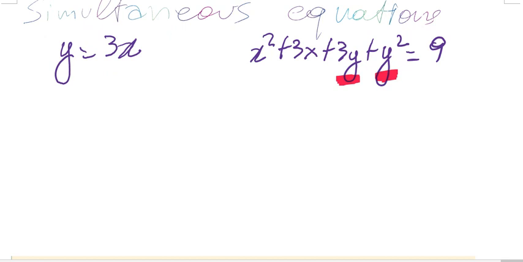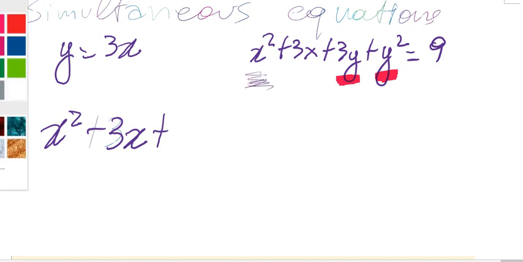So this would become x squared, same, plus 3x, plus now I have 3, but instead of y, I need to put the equivalent of y. I'll change the color so you can see the difference.